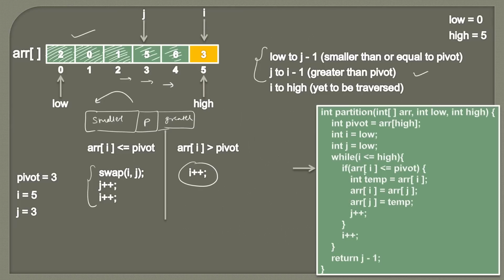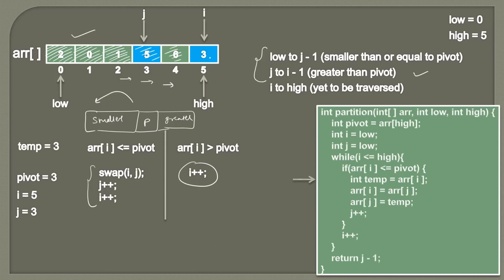Here you can see our pivot and array of i are the same elements. We are running it one more time because the condition is smaller than or equal to pivot. So we have got a value equal to pivot, and we need to make it lie in the range of low to j minus 1. j is holding a value greater than pivot, so we do this swap here.